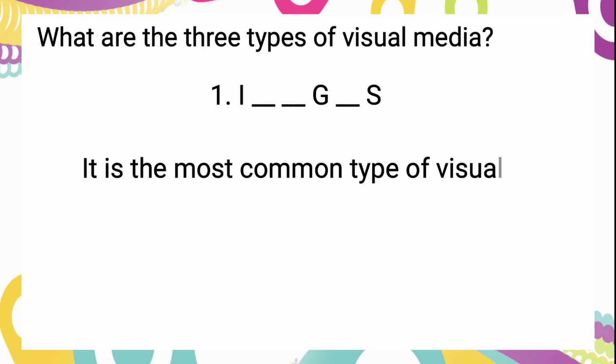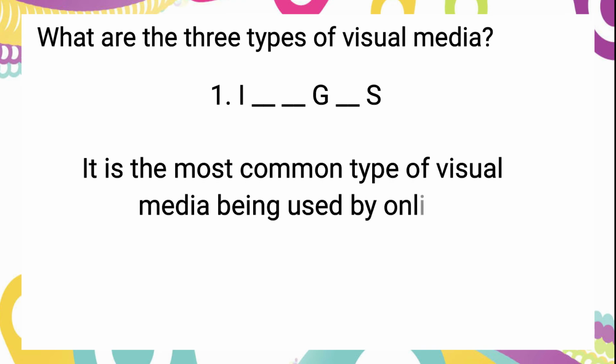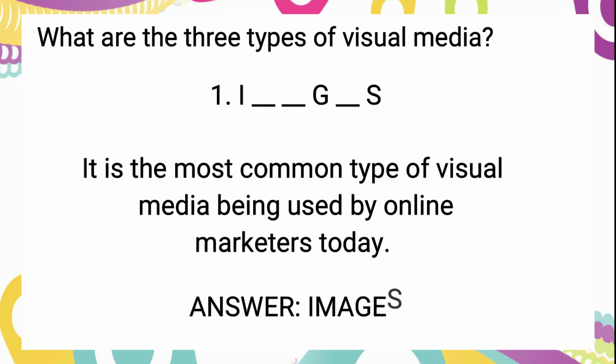What are the 3 types of visual media? Number 1, I blank blank G blank S. It is the most common type of visual media being used by online marketers today. The correct answer is images.